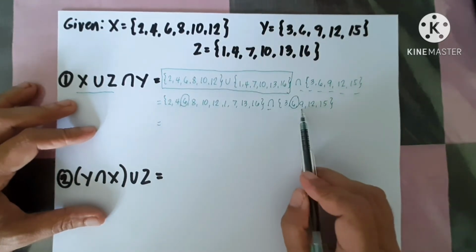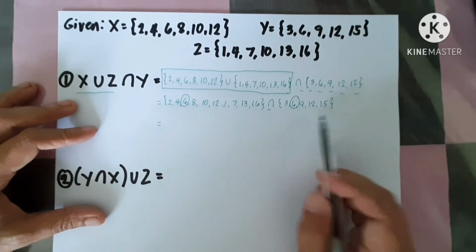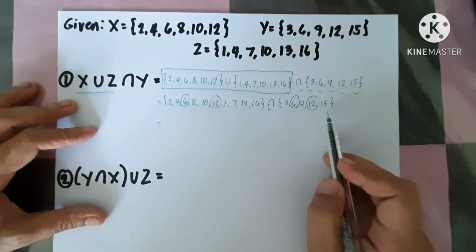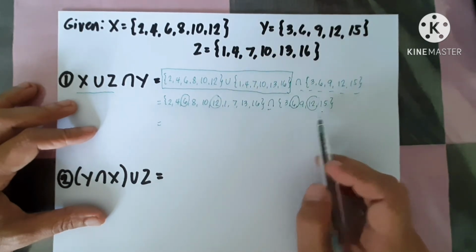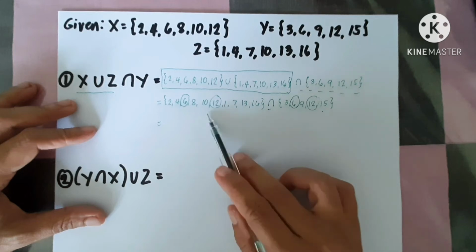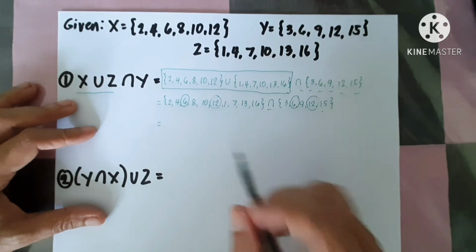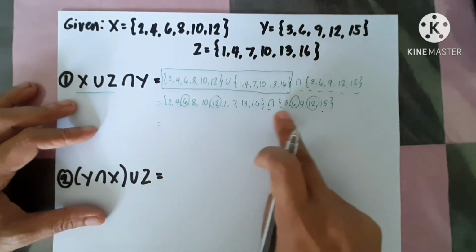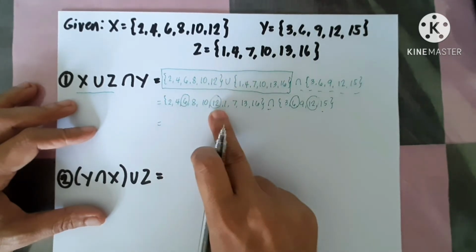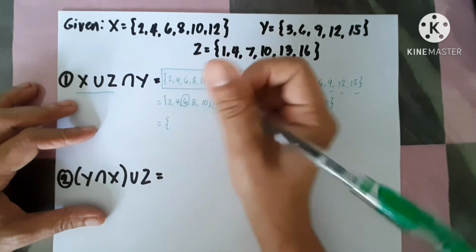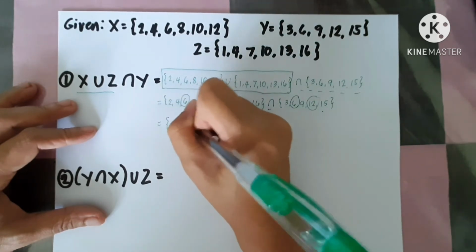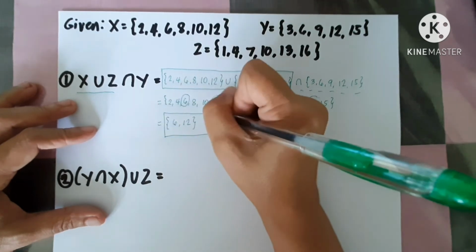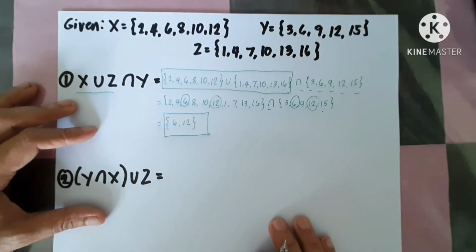How about 9? Wala. So 12, okay, we have 12 also here. And then 15, okay. So that means we have two common elements. So basically, the intersection of this set and this set are these elements. I will write here 6 and 12. So this will now be my final answer for this particular task.